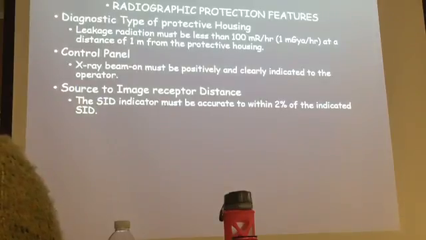It shouldn't be 37. It should be 40 within 2% of it. So you have a few millimeters of possible discrepancy, but it better be on. Many of these things are checked by the physicists once a year, and they will report on that.